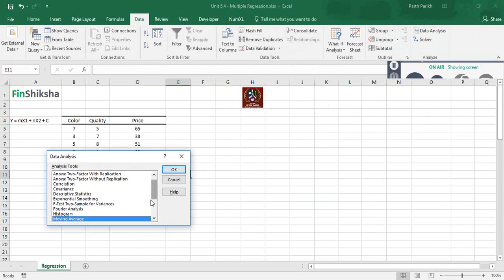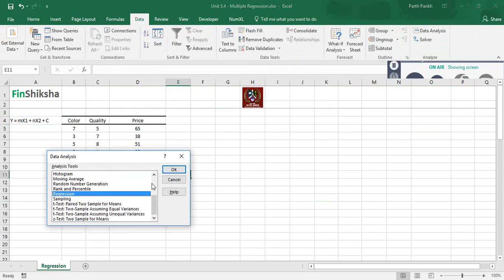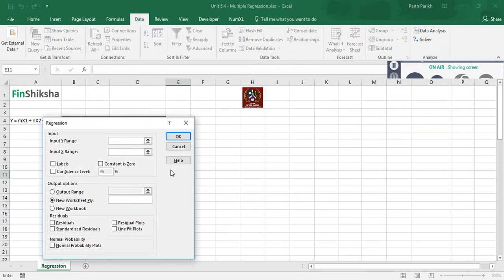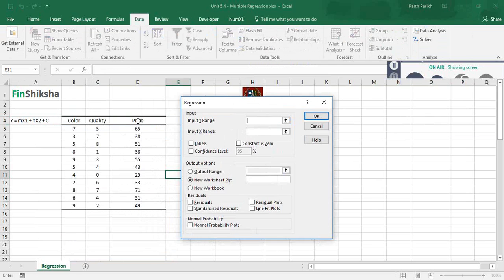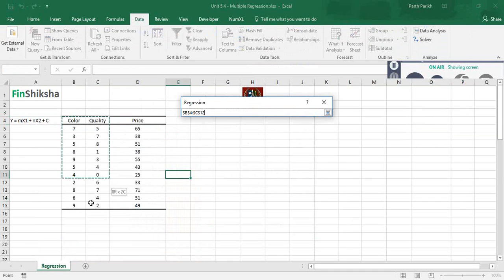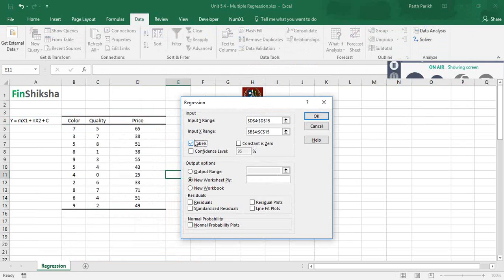Then you go to Regression, click OK. Now y is going to be our dependent variable. So over here our dependent variable is price. So we select the price with the header, same with the input X range, which is these two. I have my labels over here.